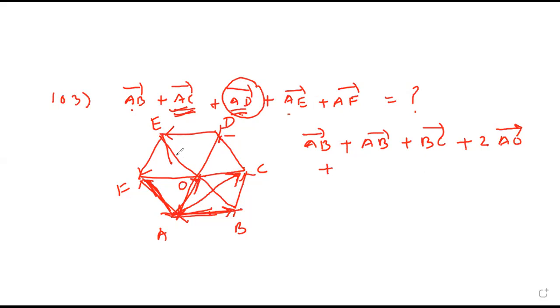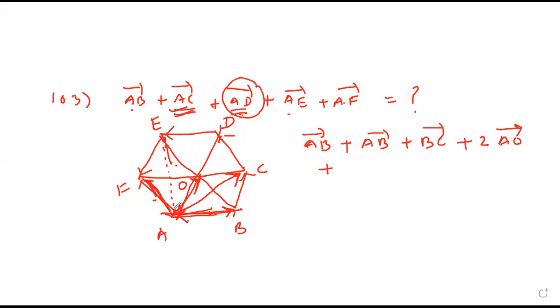AE and AF we want. AF is this, and this is A. AE is AO plus AF.